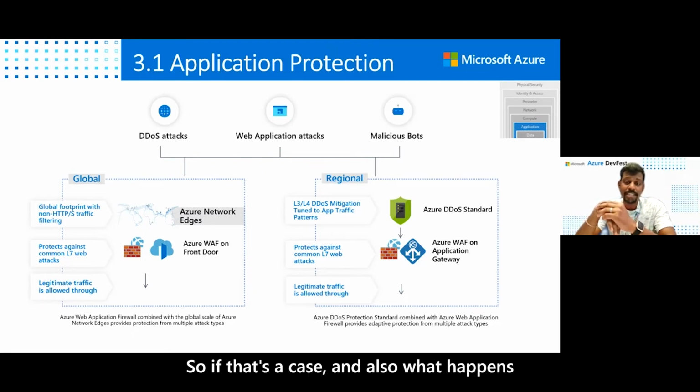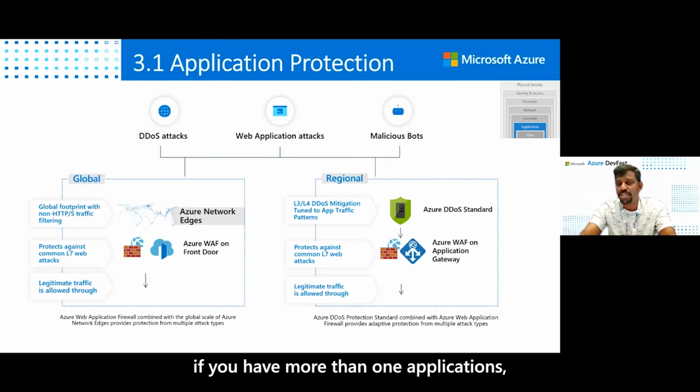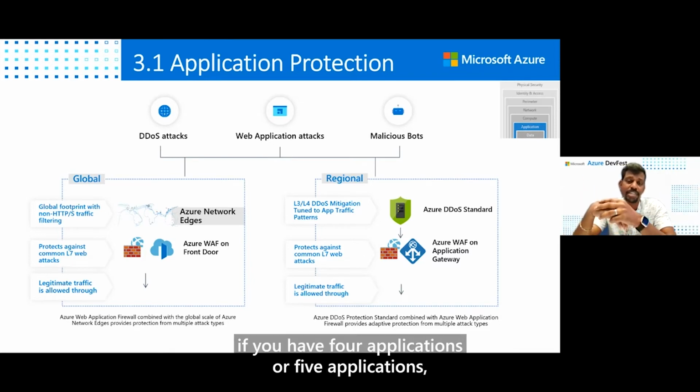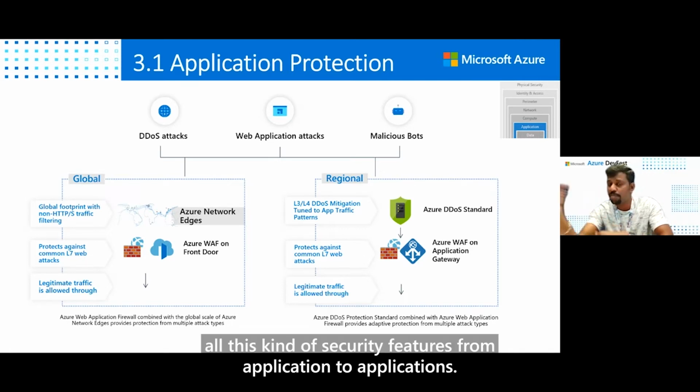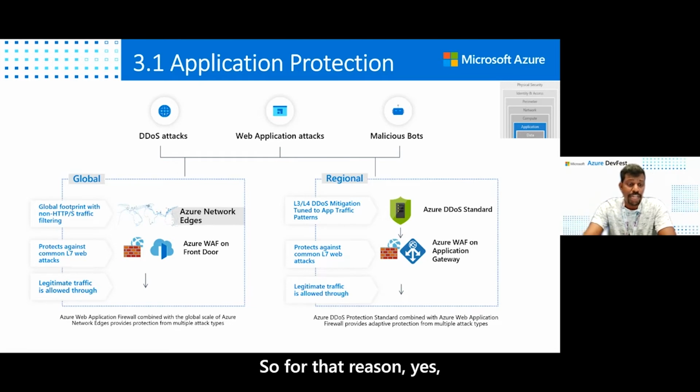Also, what happens if you have more than one application? If you have four or five applications, it's going to be even harder, because you must replicate all these security features from application to application. For that reason, this is where the web application firewall comes into play.